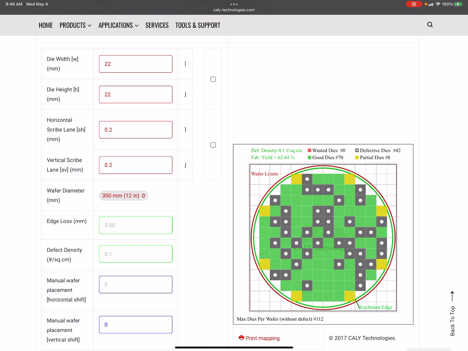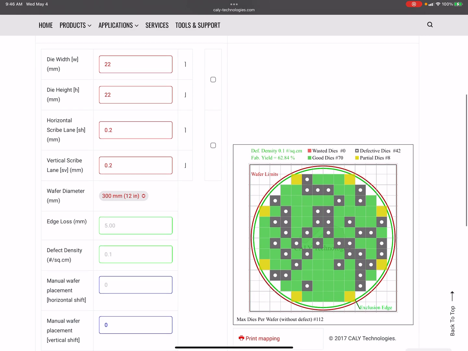I played around with this for a bit. One thing to remember, by the way, is to make sure you put in that you're working in a 300 millimeter wafer, which is a 12-inch process. Almost all the parts you guys came up with, I think all of them, it's a good assumption that they're going to be in a 300 millimeter wafer process.